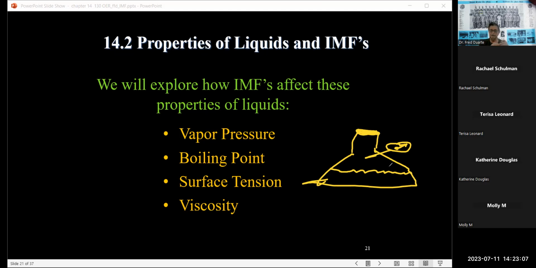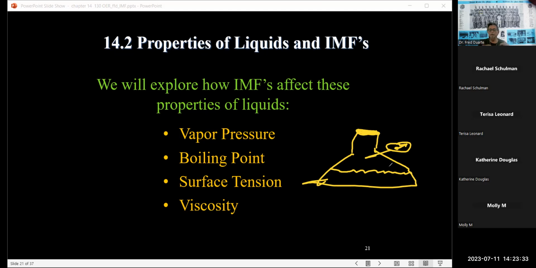If you have a high surface tension, you can put a liquid on the surface and it would bead up, or it would flatten out. And viscosity is the thickness of the liquid. We know that honey, for example, is very thick. It's very viscous, it has a high viscosity compared to water.